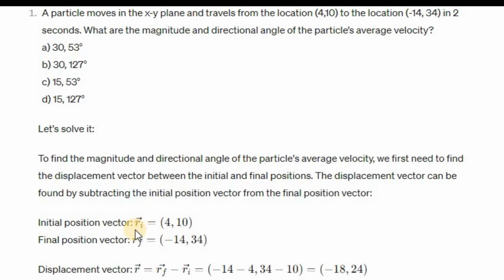Initial position vector R I equals (4, 10) and final position vector R F equals (-14, 34). Displacement vector R equals R F minus R I equals (-14 - 4, 34 - 10) equals (-18, 24).